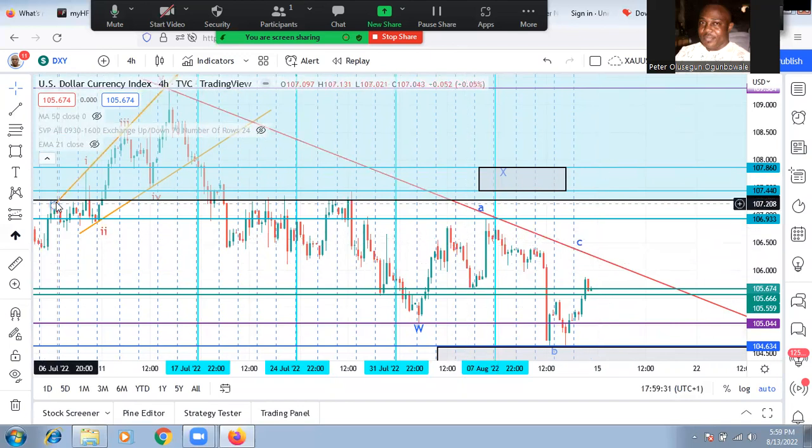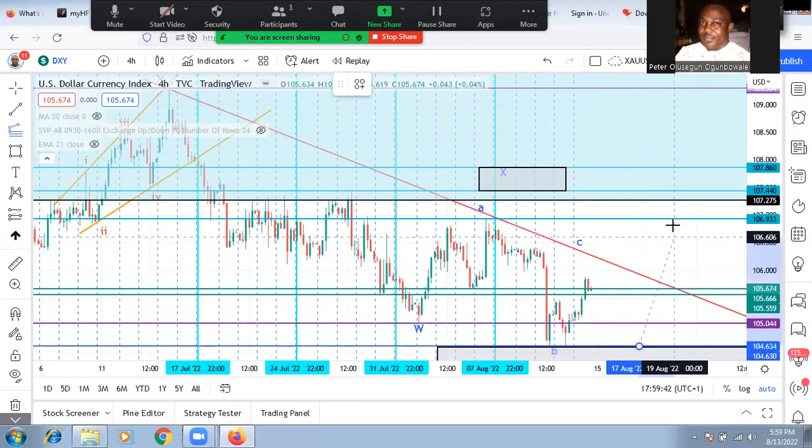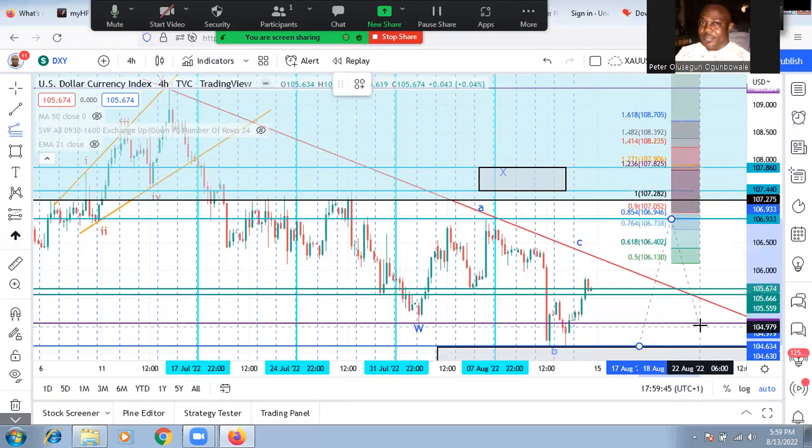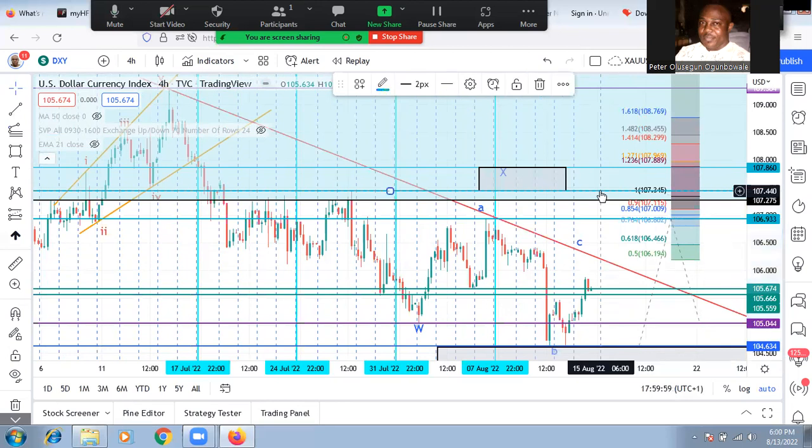So if it's going to be a running flat, what should we expect for a running flat? We should expect this, from this edge to the edge of A back to the beginning of A. And a running flat now will change course somewhere here.